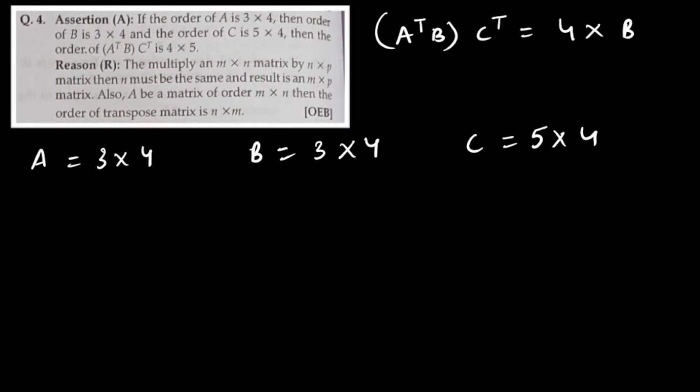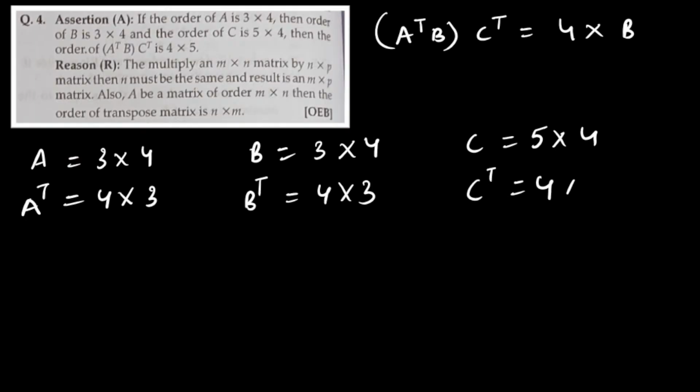So first of all, let's write the order of their transpose. Order of transpose is the opposite. A transpose will become 4 by 3, B transpose order will become 4 by 3, and transpose of C's order will become 4 by 5, because we are interchanging rows and columns.